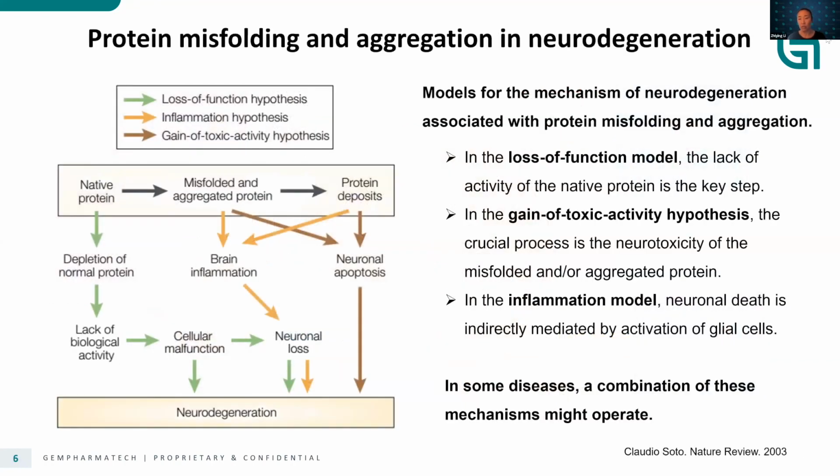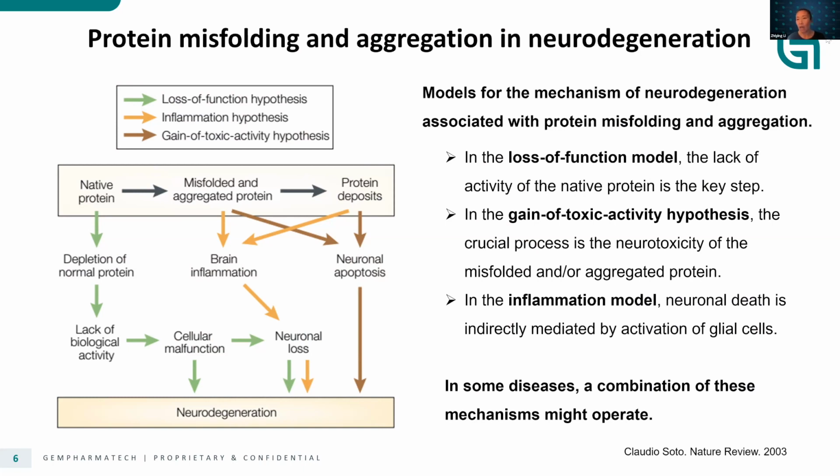Talking about the mechanisms that lead to neurodegeneration, one hypothesis that has been prevailing in the field is protein aggregation that comes from the misfolding of pathogenic proteins. The mechanisms leading to misfolding or aggregation are not fully understood for the different proteins.